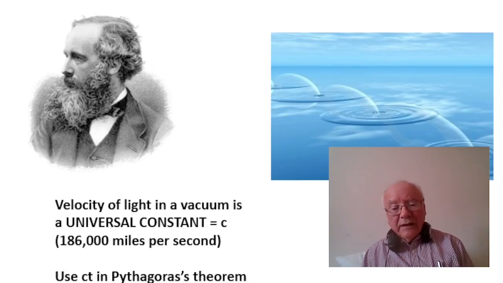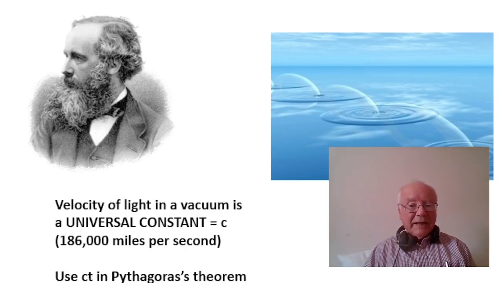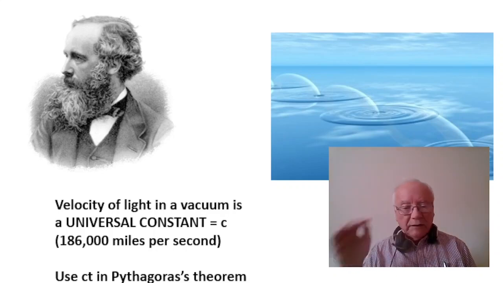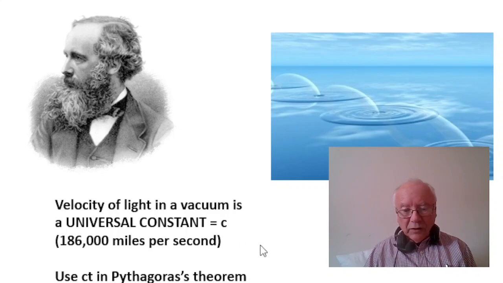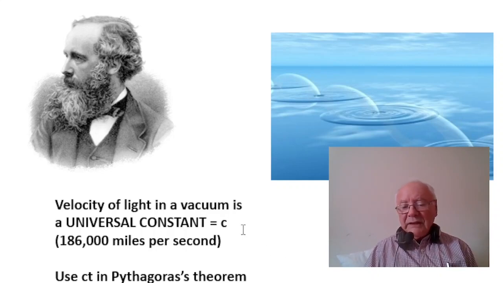He found that he could work out the speed of waves in space, in a vacuum of space, and these waves would travel at a universal constant, the speed of light, which is about 186,000 miles a second. And this speed of light didn't depend on the speed of what was causing the light.